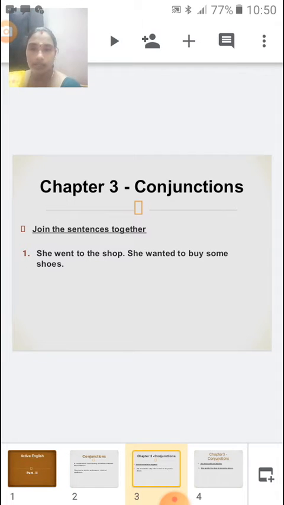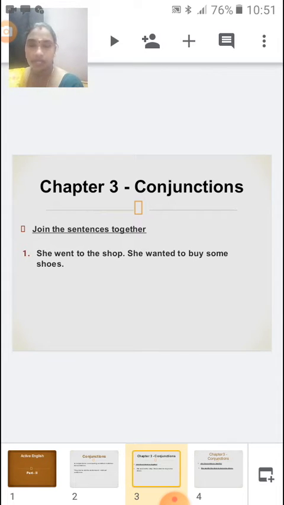Let us see the first exercise, that is in chapter 3. Join the sentences together. Here we have two sentences. She went to the shop. She wanted to buy some shoes.